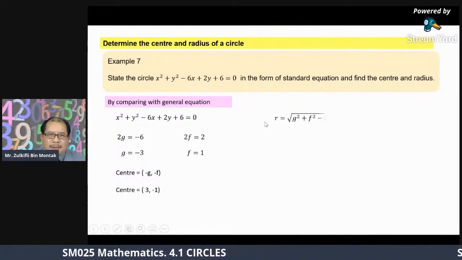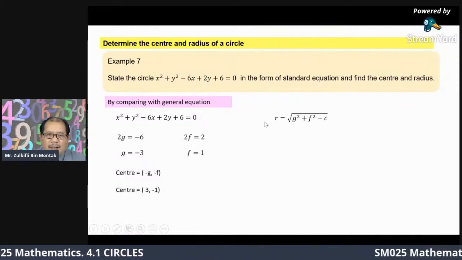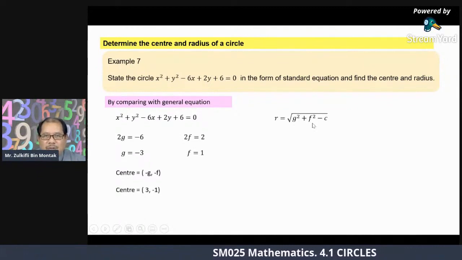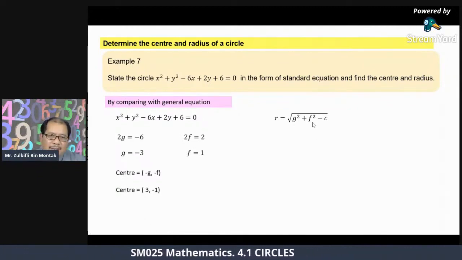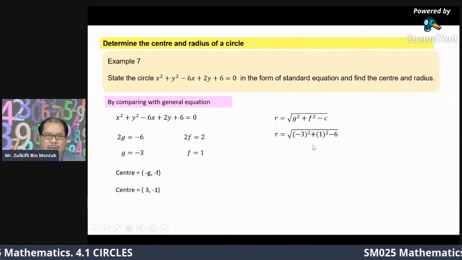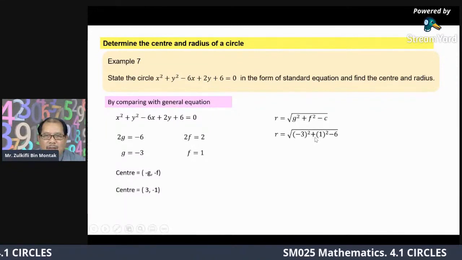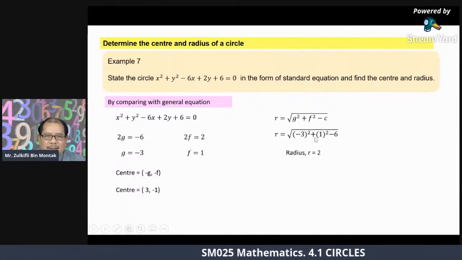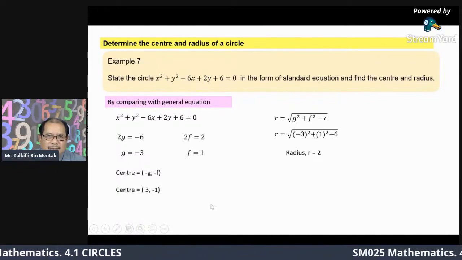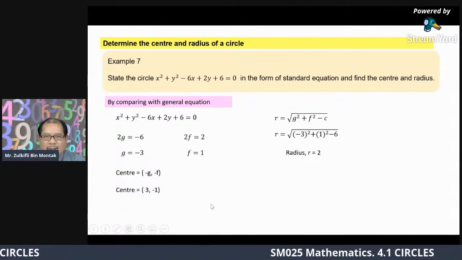Next, find the radius given by the formula square root of g squared plus f squared minus c: negative 3 squared plus 1 squared minus 6. So r equals 2. We get center (3, negative 1) and r equal to 2.